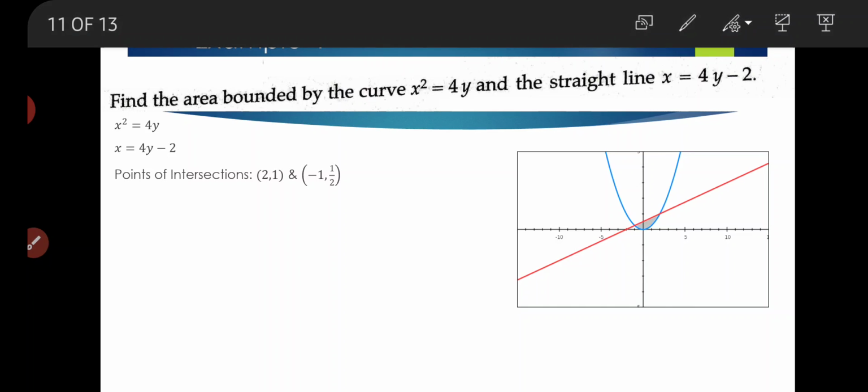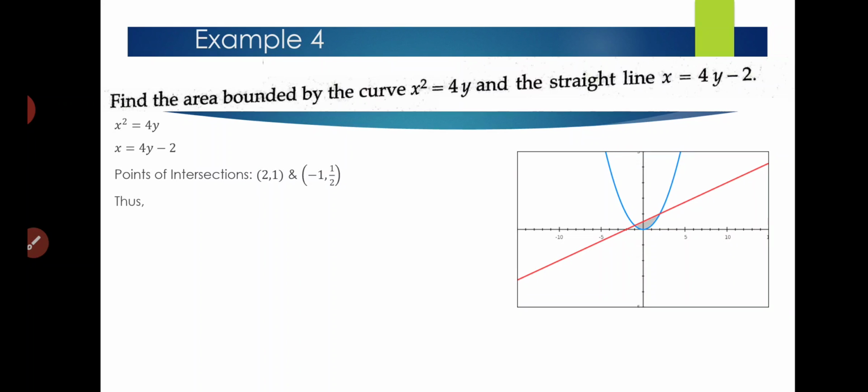So the integration becomes minus 1 to 2, the straight line minus the parabola, and upon integrating we get the area to be 9 by 8 square units.